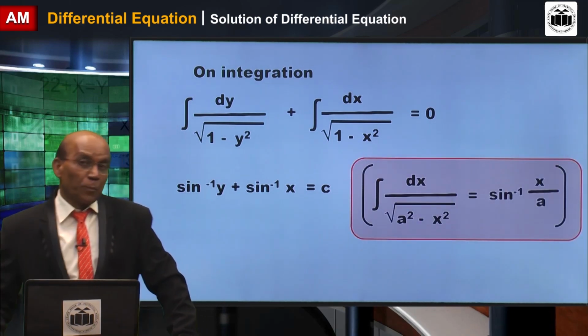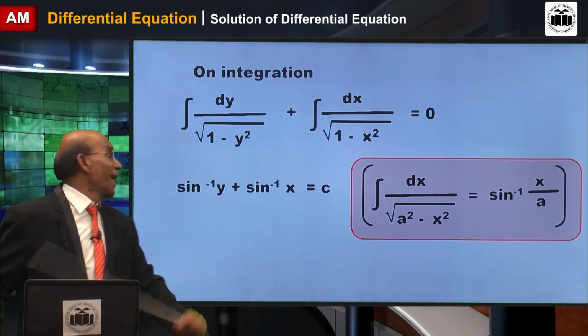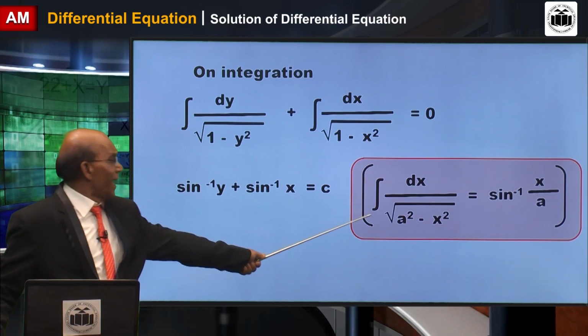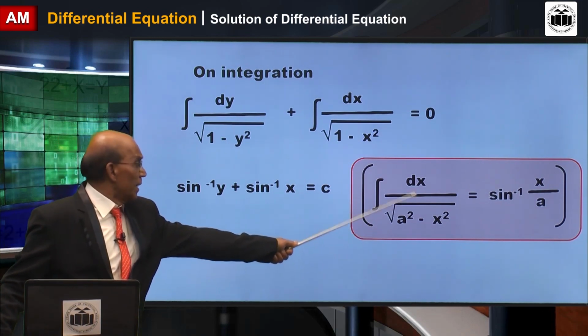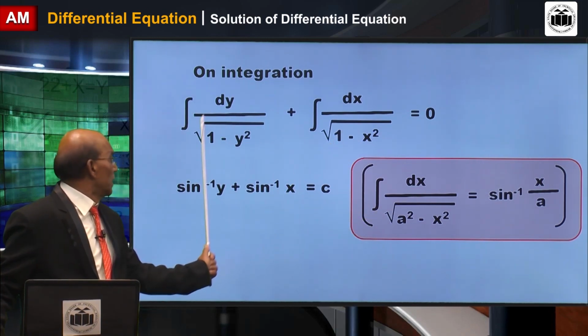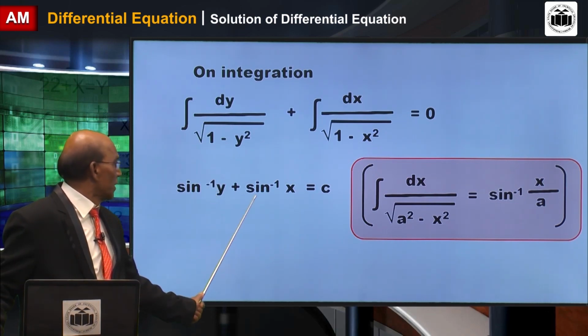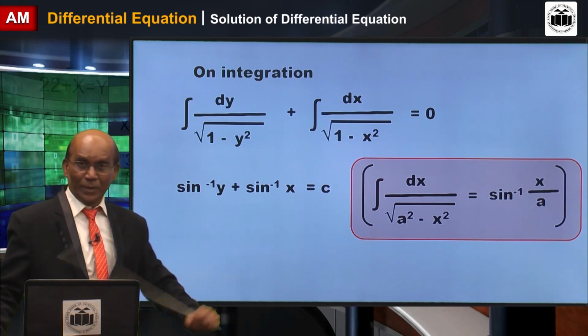This is the standard form as we applied earlier. Here the value of a square is 1 in both cases, and hence we write sine inverse y plus sine inverse x equals c.